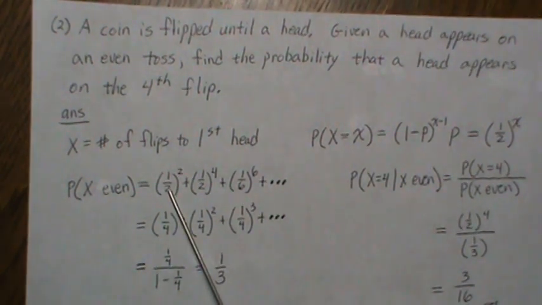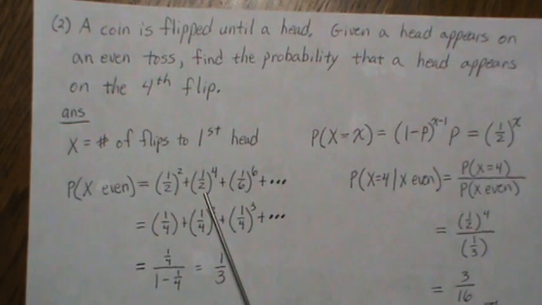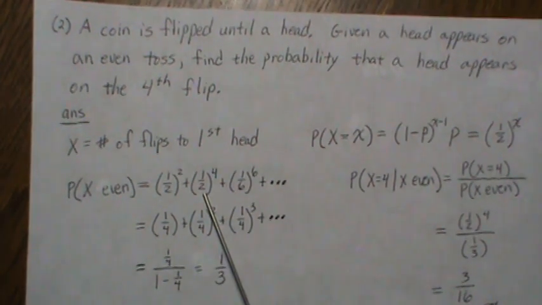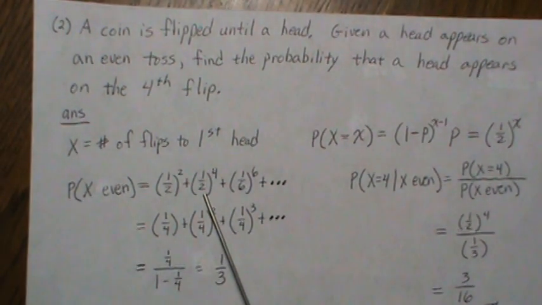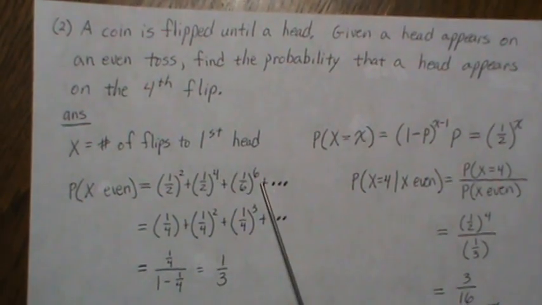So that's 1/2 squared. And then that he wins on the 4th try is he flips 3 tails and then a head, so that's 1/2 to the 4th. Wins on the 6th try, and so on.